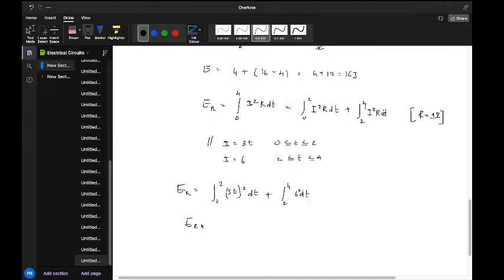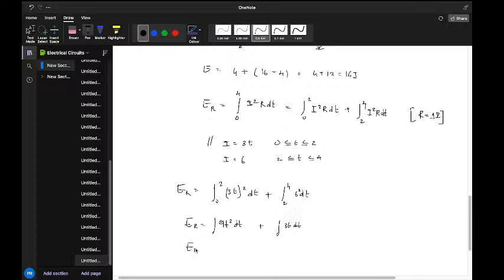So E of R is 9t squared dt. Let's just integrate this, and 36 dt.